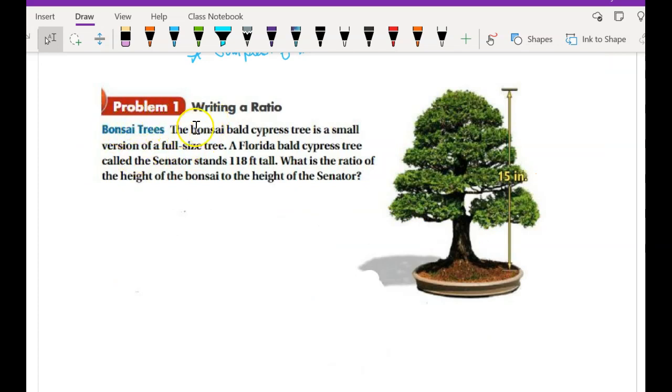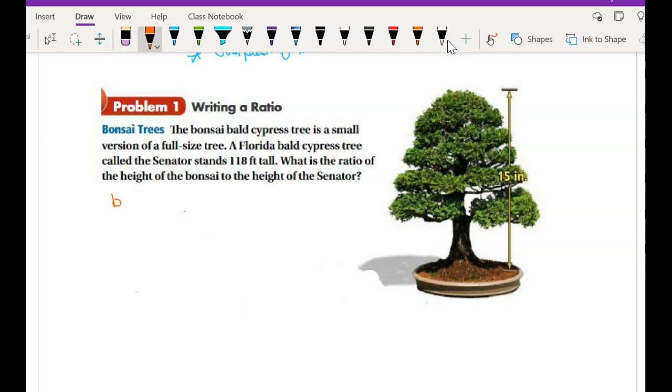So the bonsai bald cypress tree is a small version of a full-size tree. A Florida bald cypress tree called the Senator stands 118 feet tall. What is the ratio of the height of the bonsai to the height of the Senator? Okay, so it's telling us the order that it wants to compare these.